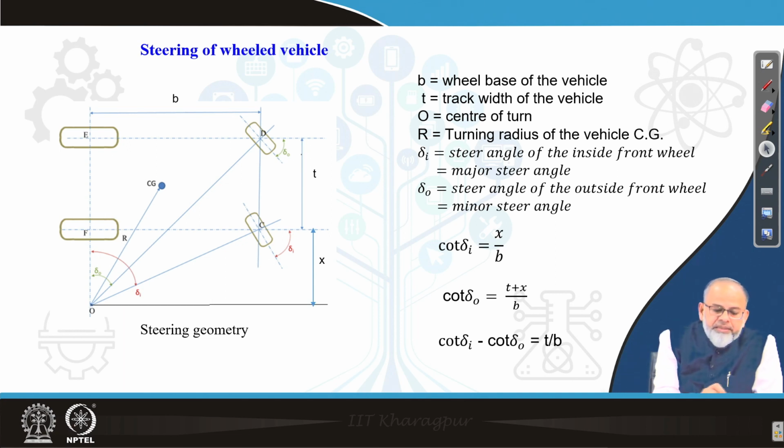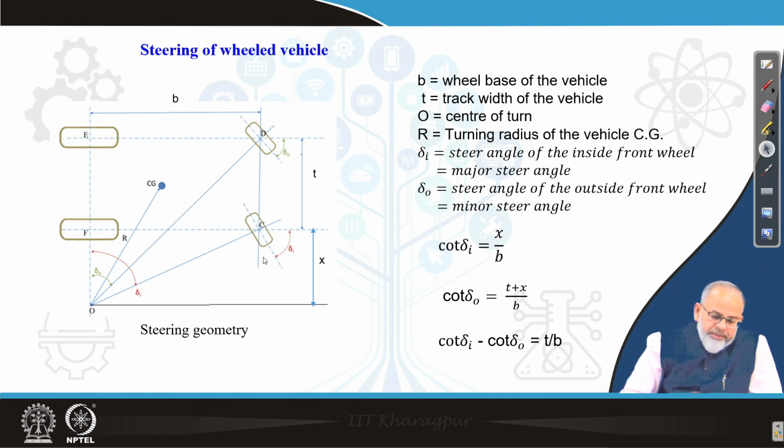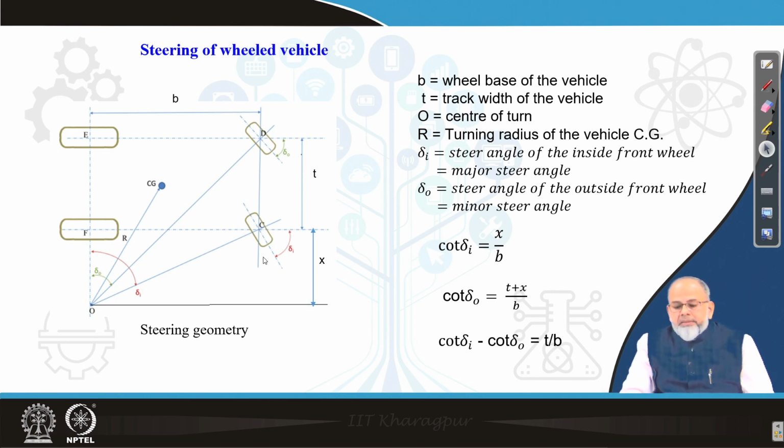The wheel base is indicated by small b and the track width by small t, and delta I is the steer angle of the inside front wheel. We are taking a turn to the right, so delta I is the steer angle of the inside front wheel, which is also called the major steer angle.